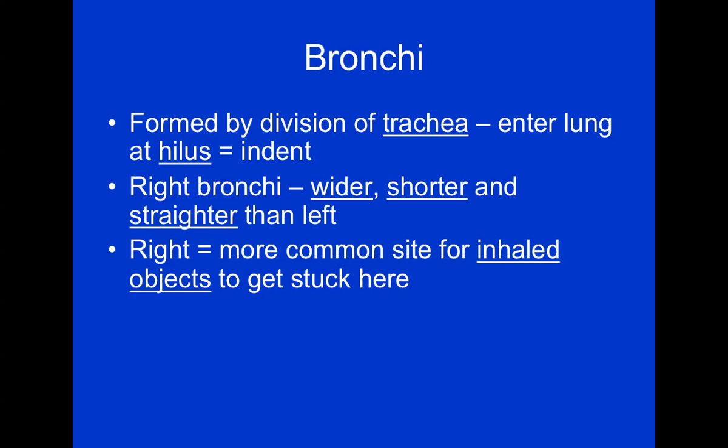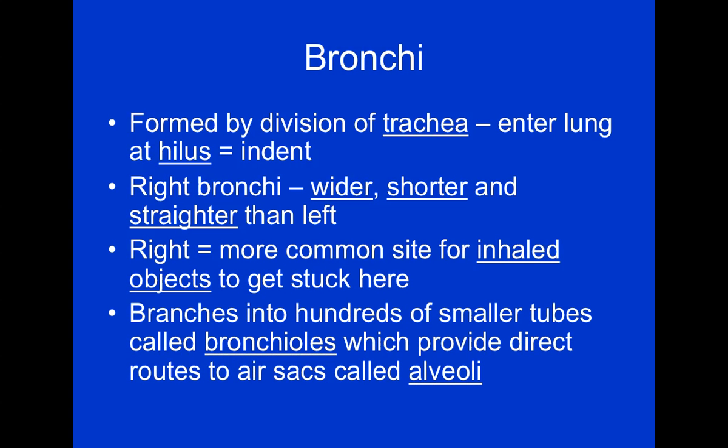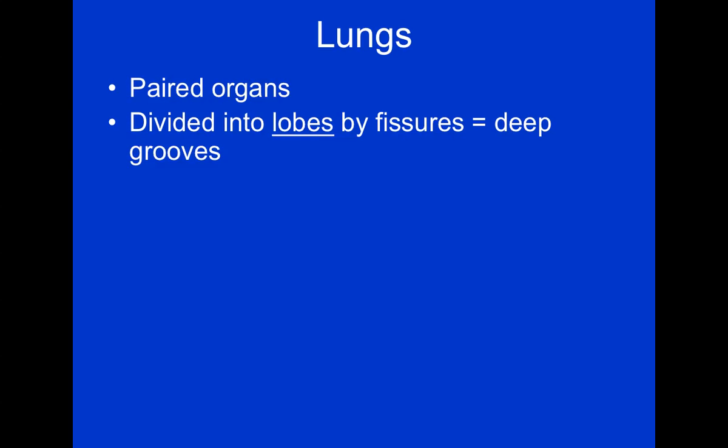Now, after the bronchi enter the lungs, they start to branch into smaller tubes called bronchioles. And then these bronchioles continue to branch smaller and smaller until we reach the air sacs called the alveoli. So once the bronchi enter the lungs, things start to change. Lungs are paired organs that are divided into lobes by fissures.